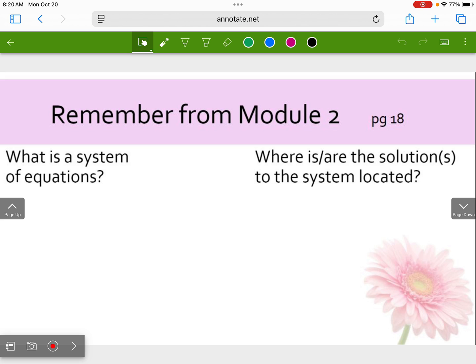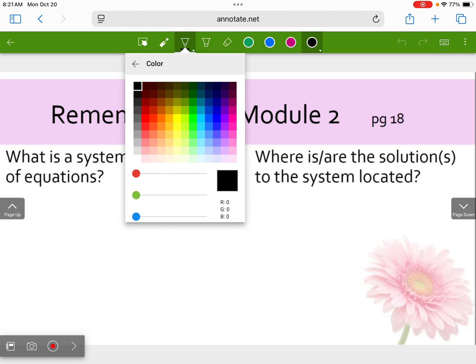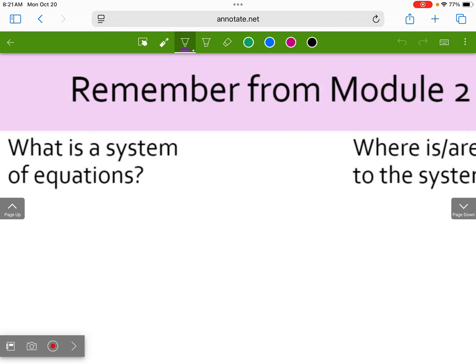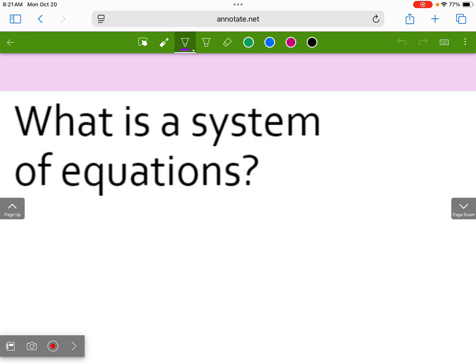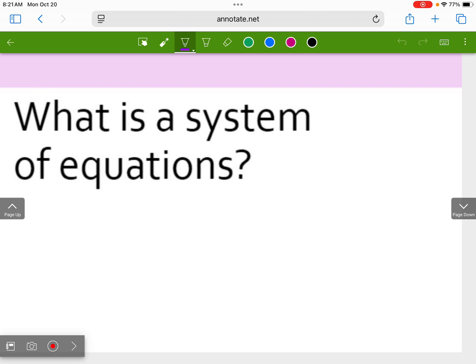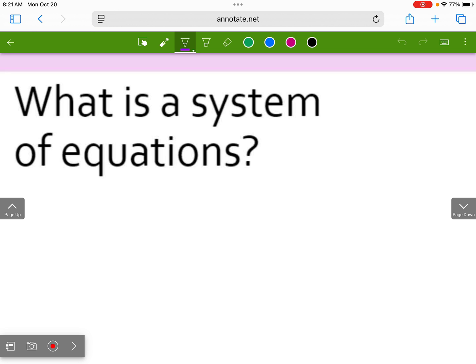We've talked about a system of equations before. Remember what a system of equations is? We did these actually a bunch last chapter. A system of equations is when we have more than one equation that we're solving at the same time, or solving together.